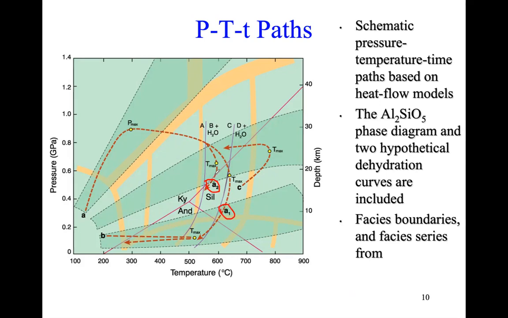You can see the steepness of this PT path, the gradient, which is very steep. Let me use another color. If you extend it further, you will see it is steeper than the reaction line of the kyanite-sillimanite transition.